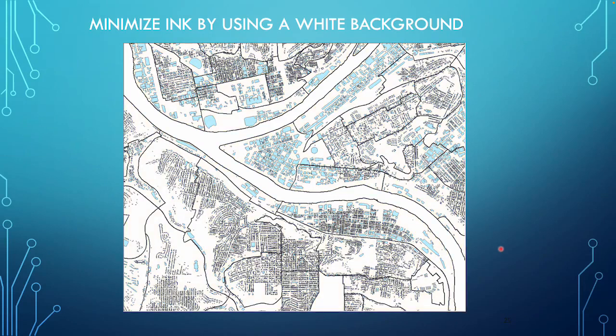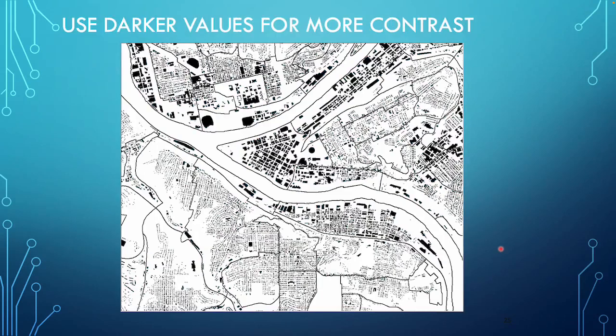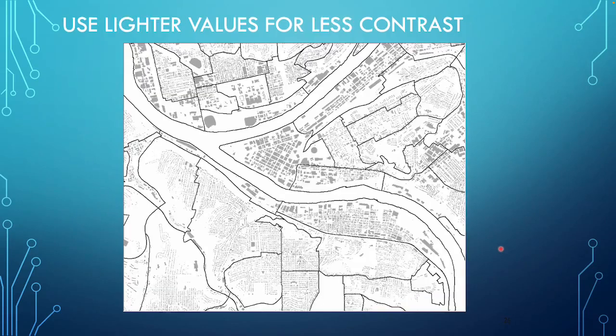I think it starts to fade a little bit better. It looks a little bit better. And then if you want to really emphasize buildings in this case, you can use a darker color to increase that contrast. The more contrast, the more obvious things are going to be, and lighter for less.